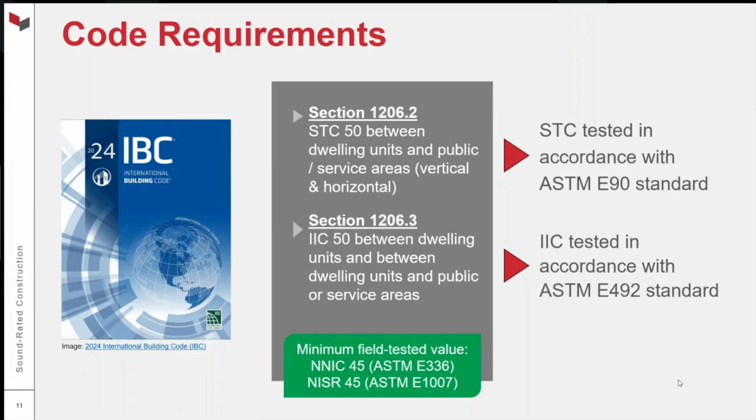This is more or less addressed in the code with these minimum values of 45 and 45 for NNIC, tested per ASTM E336, that's airborne sound transmission, so it's akin to STC, and NISR, normalized impact sound rating, tested per ASTM E1007, which is comparable to IIC.